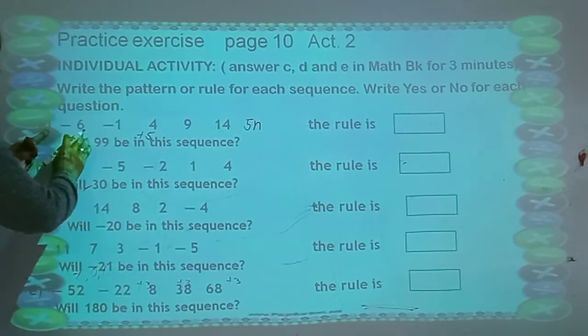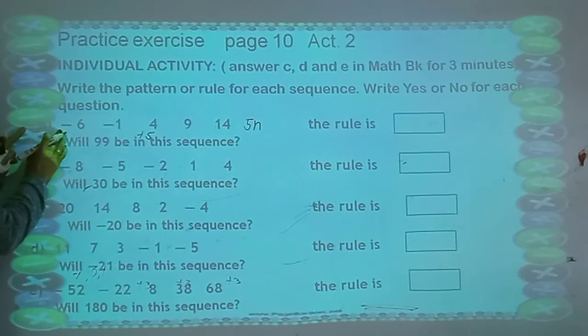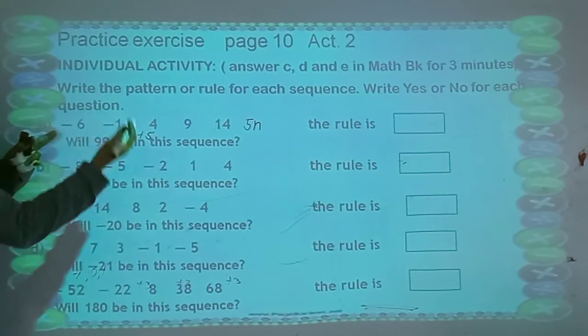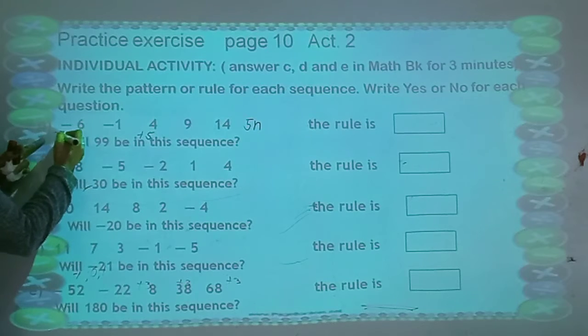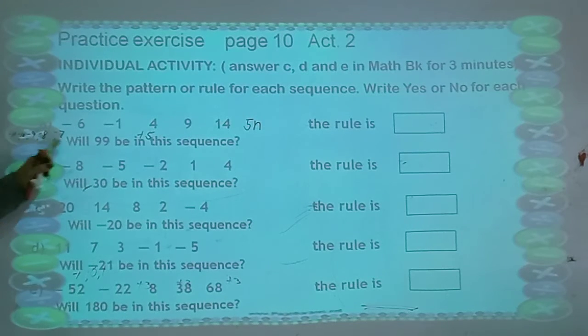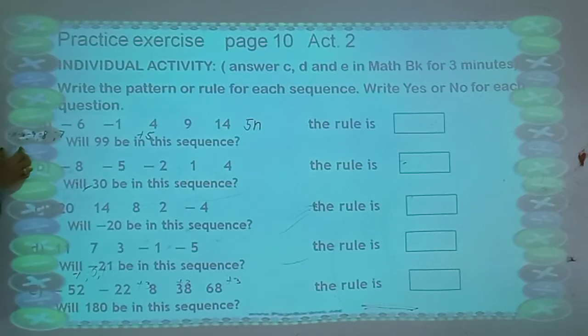Okay, as you can see, if this is negative 6, the previous number we have is negative 7, next is negative 8, next is negative 9, next is negative 10, and the last one we have is negative 11. So 1, 2, 3, 4, 5. The previous number we have is negative 11.